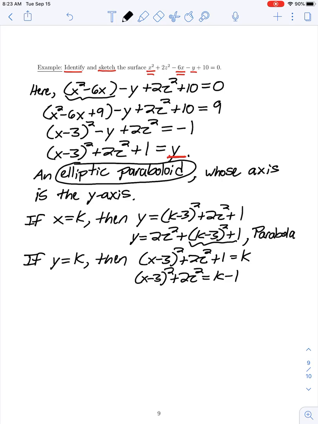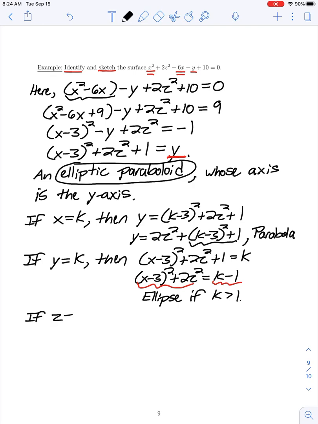So this would give us an ellipse if the value of k here is greater than 1. So in order to get an ellipse, the sum of the squares on the left-hand side would have to be some positive number, which only happens if k is greater than 1.